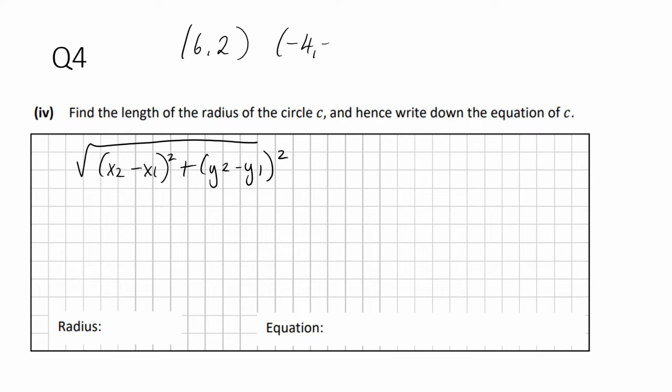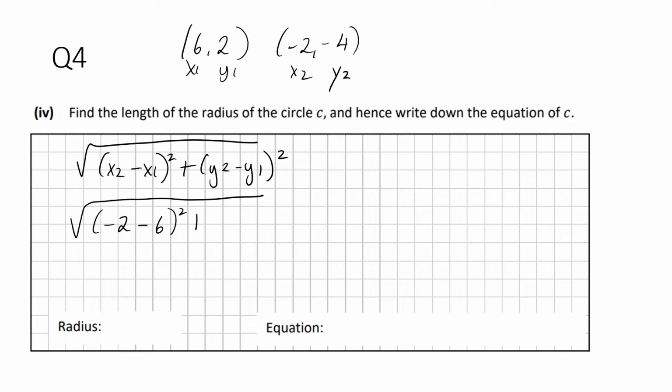Then with your x1, y1, x2, y2, that is minus 2 minus 6 squared plus minus 4 minus 2 squared.